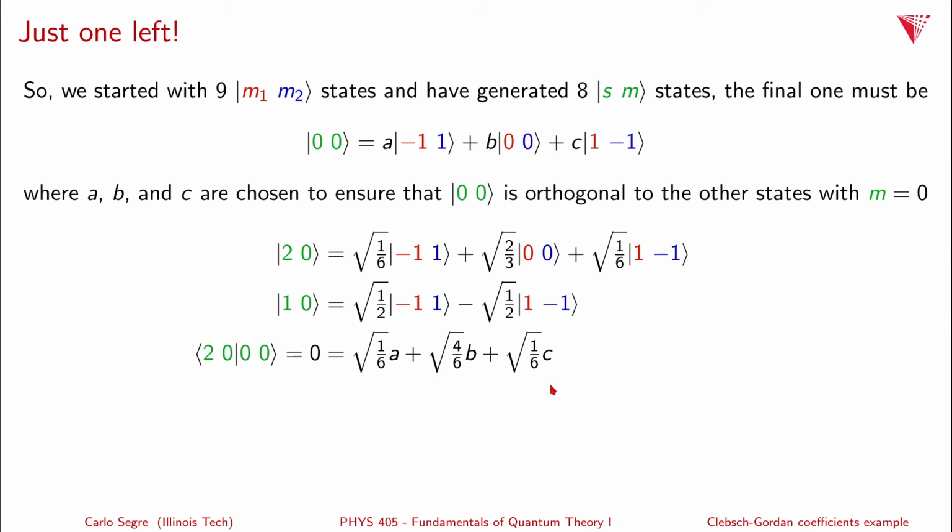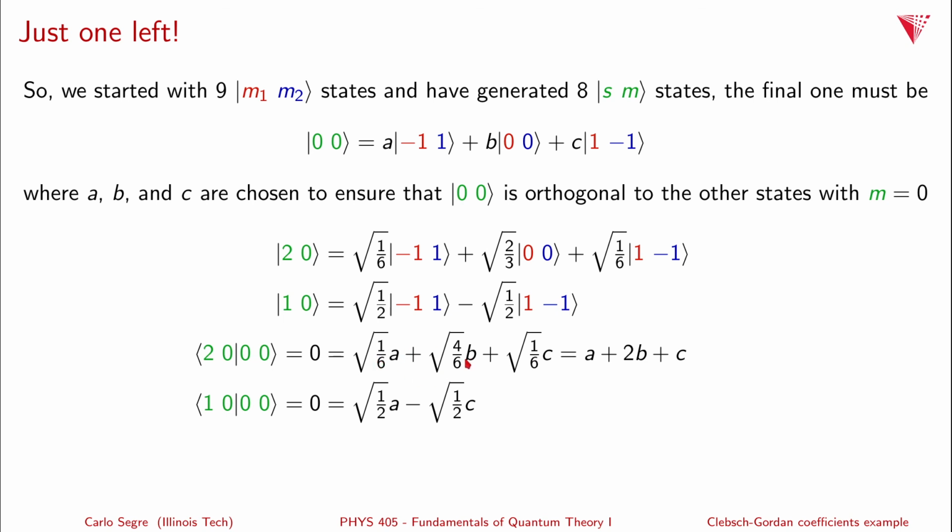And so this is one equation. The next equation makes sure that this new state is orthogonal to the |1, 0⟩ state. Again we take the inner product, and we get A times the square root of 1/2 minus C times the square root of 1/2. These two equations plus the normalization condition should give us our final relationships.